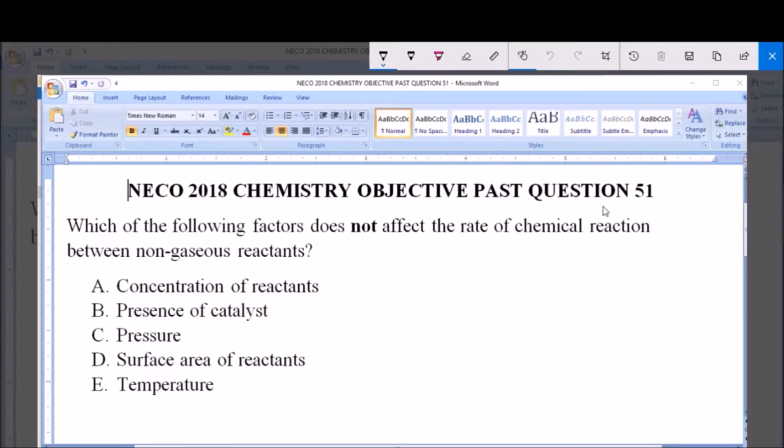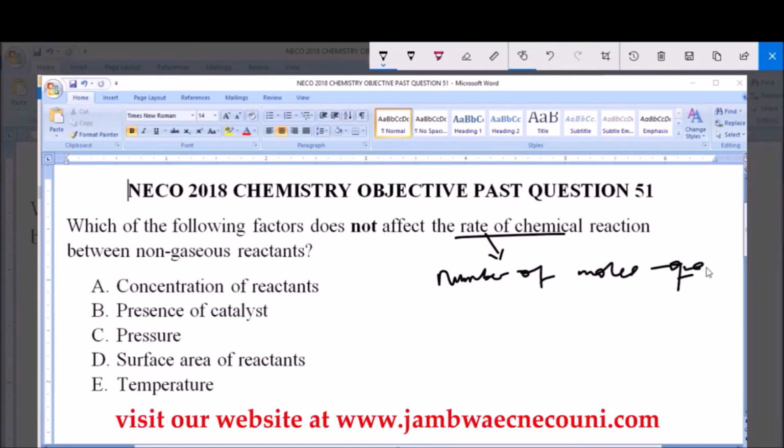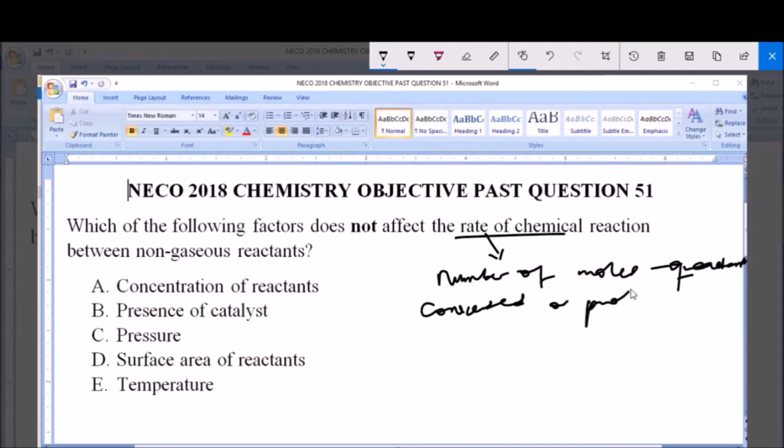Now first of all, what is rate of chemical reaction? Rate of chemical reaction simply refers to the number of moles of reactants converted or product formed per unit time.